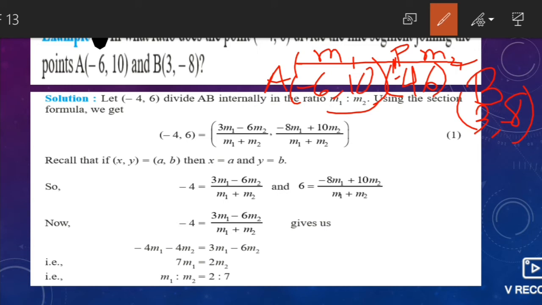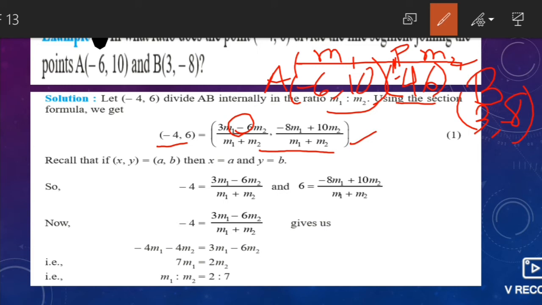Using the section formula, you will get this equation: -4, 6 equals m1 into 3 plus m2 into -6, by m1 plus m2. Since it is m2 into -6, that's why I am writing minus here. Again for the y coordinate it will be m1 into -8 plus m2 into 10, by m1 plus m2.